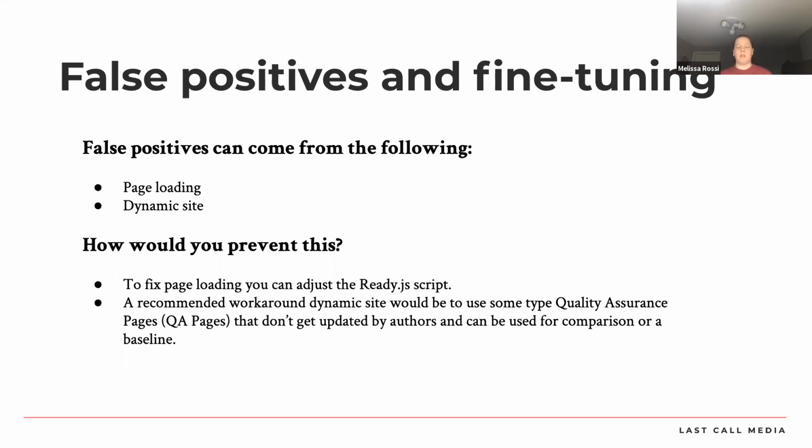And that's basically just something that you create a page and have it on your production site where nobody touches it. And you can put all your components on it and you can just compare that page to use it as a baseline, basically.